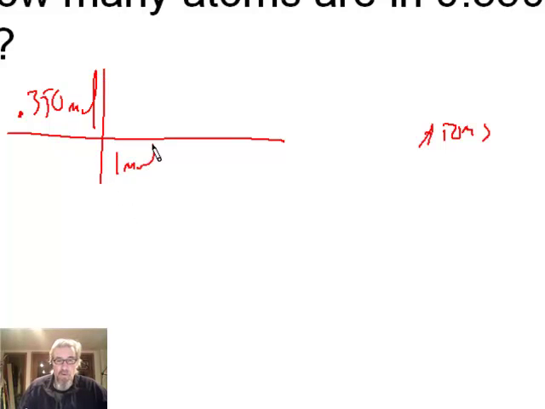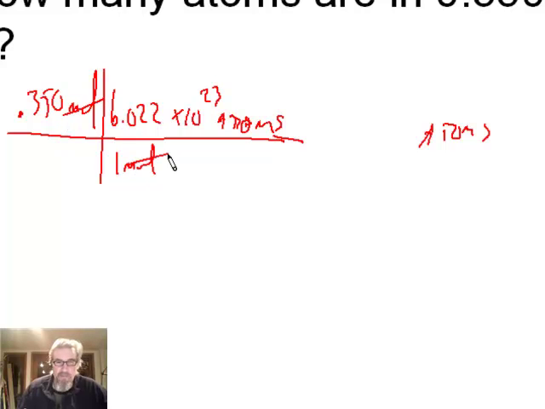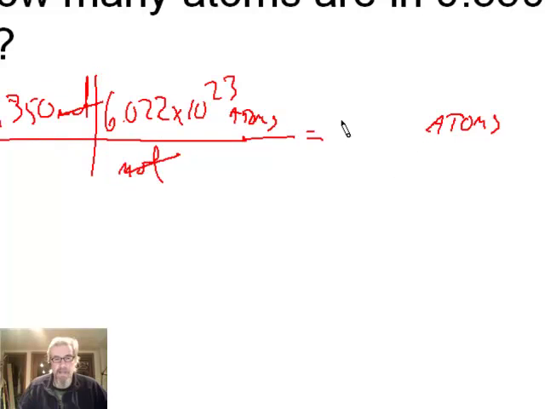I know that 1 mole is 6.022 times 10 to the 23rd atoms. That's Avogadro's number. Since 6.022 times 10 to the 23rd atoms is 1 mole, I'm multiplying by 1. But when I multiply by 1 this way, moles are going to drop out and the unit changes to atoms. My answer to 3 significant figures is 2.11 times 10 to the 23rd atoms.